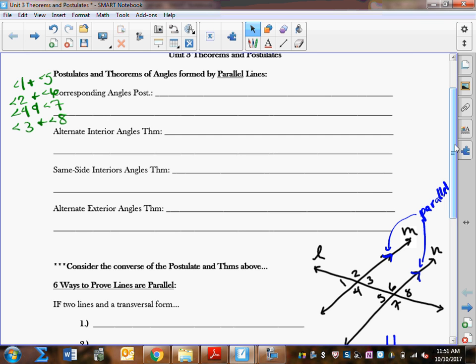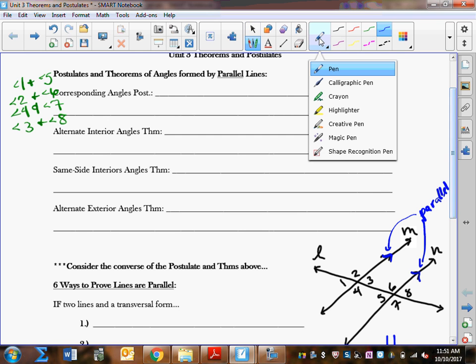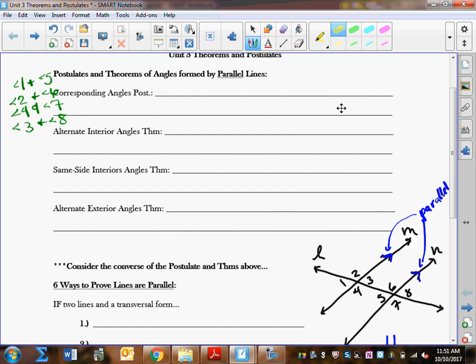Now, before we reveal what the postulate says, I want you to highlight or circle or star, do something to make that word parallel stand out to you. You can highlight, you can just use a different color, you can put a big circle around it, put a big star, something to make that stand out to you.